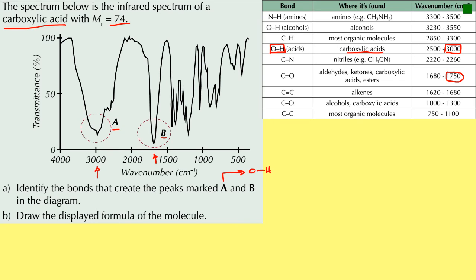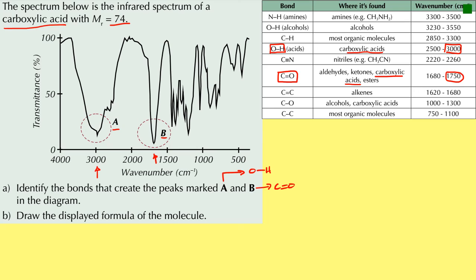It's a bit less than 1750, which is a carbon-oxygen double bond, and it is a carbon-oxygen double bond that might be in a carboxylic acid. So B might be the carbon-oxygen double bond in the acid.